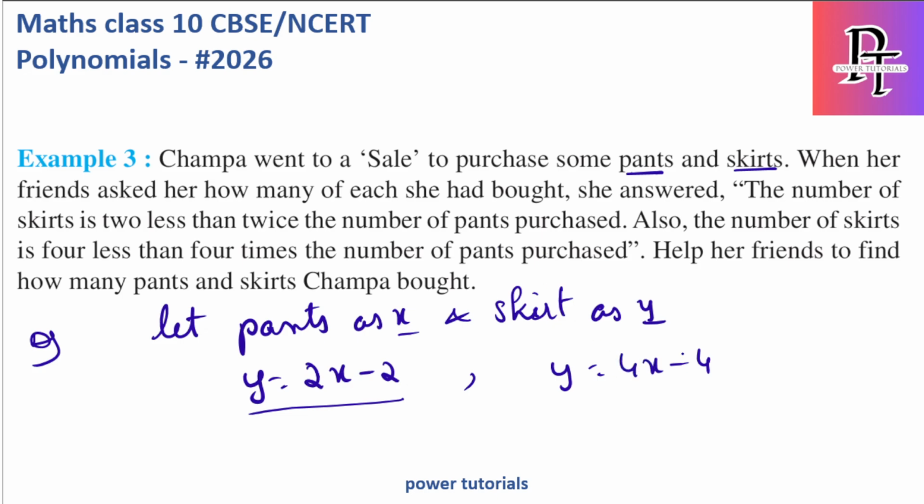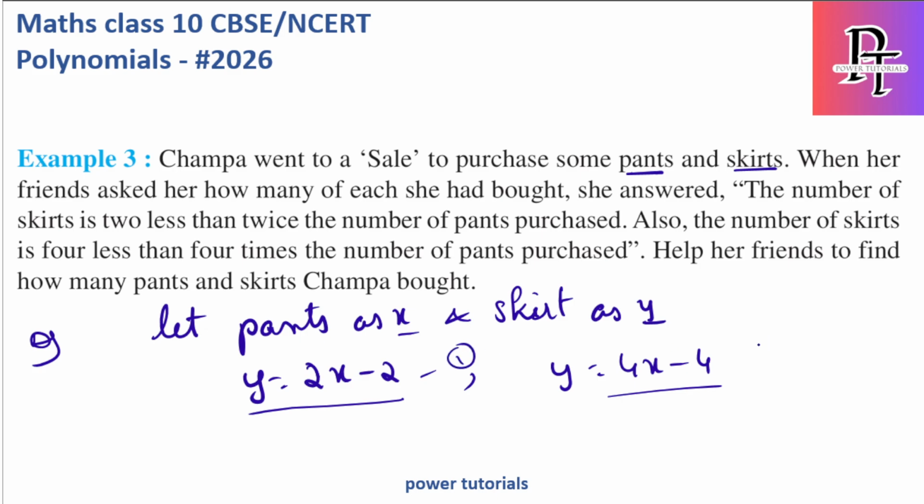Hope everyone understood. The number of skirts is 2 less than twice the number of pants. Twice the number of pants is 2x, so y equals 2x minus 2. Same way, y is also equal to 4 less than 4 times the number of pants. 4 times the number of pants is 4x, so y equals 4x minus 4. So now we have both equations.